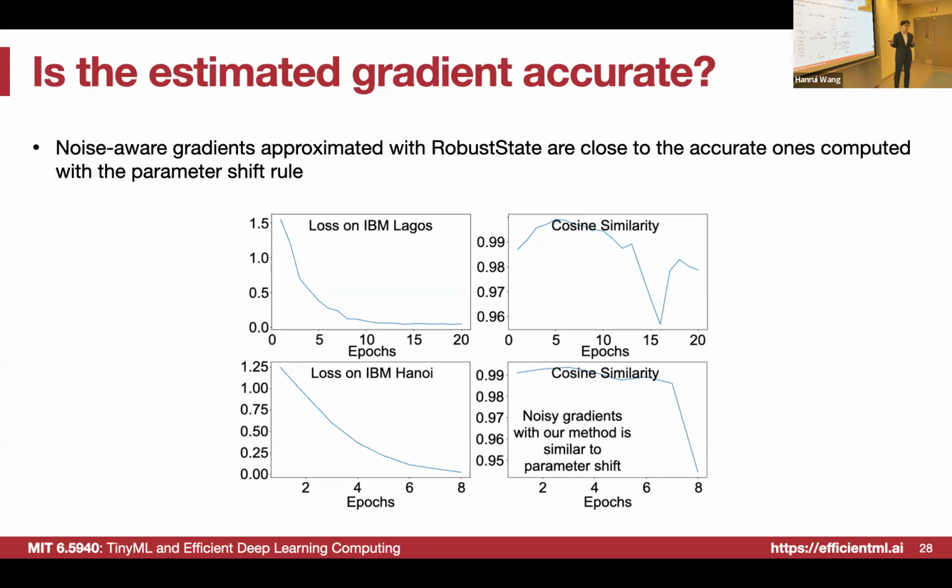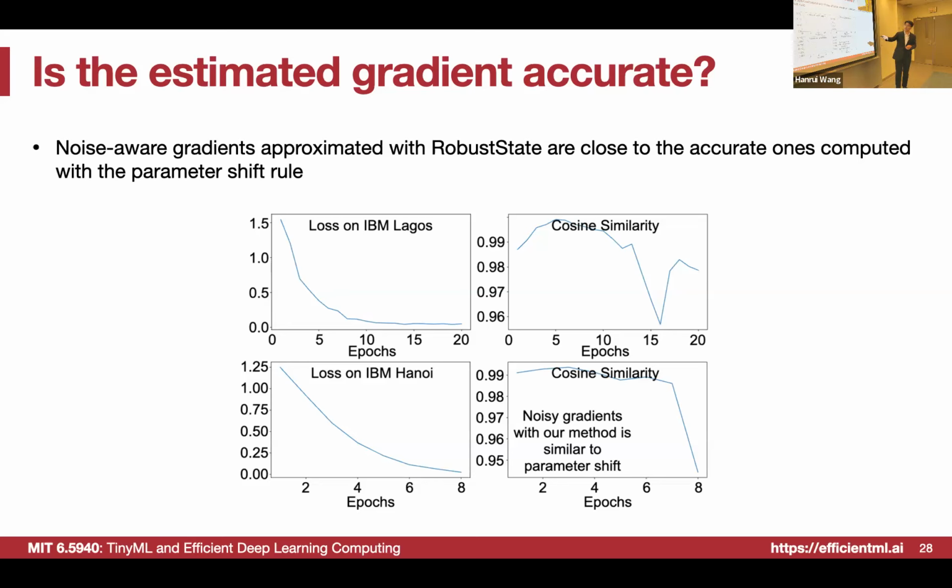Just remember, like last time we introduced parameter shift, for each parameter you need to run the circuit twice and obtain the gradient for that single parameter. That will be the most accurate one, but that's also very costly because if you have, say, 100 parameters, you need to run 200 executions. But for our method, we just need to run the actual device once, and then all the gradients can be obtained simultaneously.